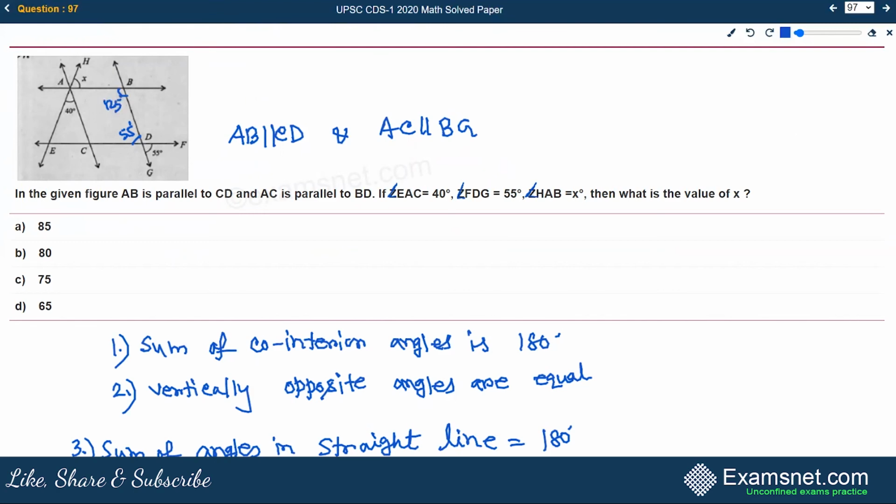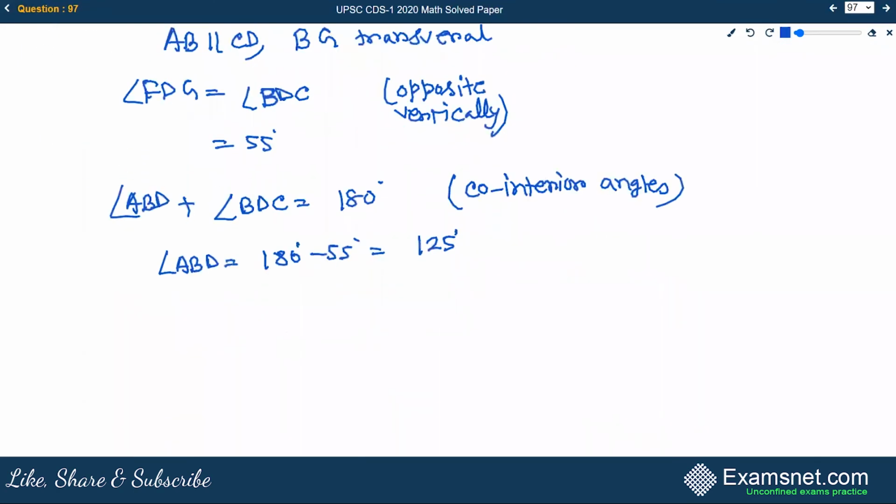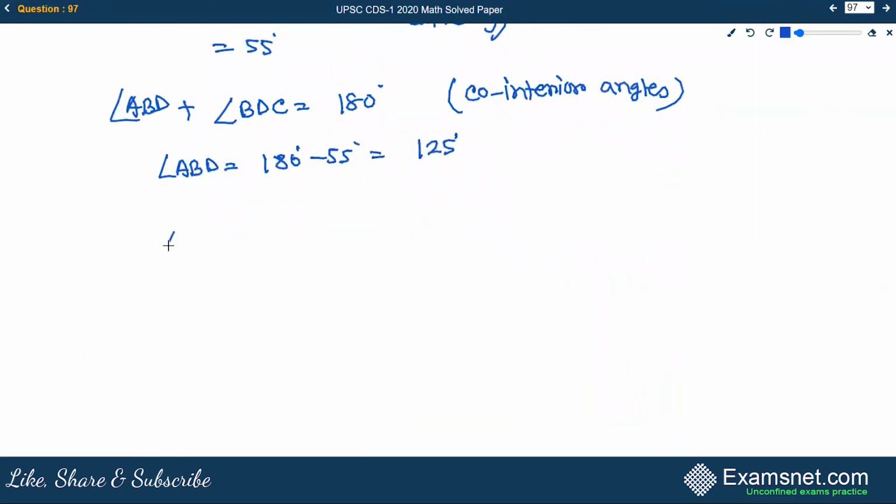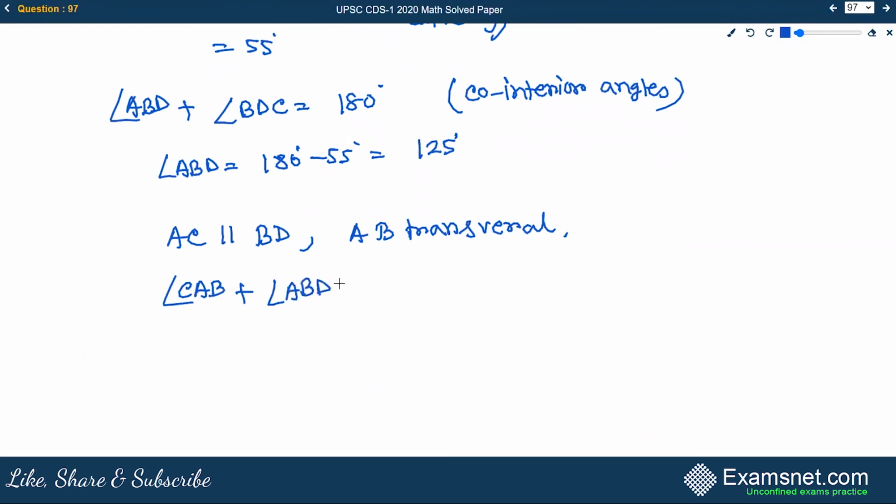Now also AC is parallel to BD, correct? And here AB is the transversal. So in the same way, angle CAB plus angle ABD equals 180 degrees because they are co-interior angles.